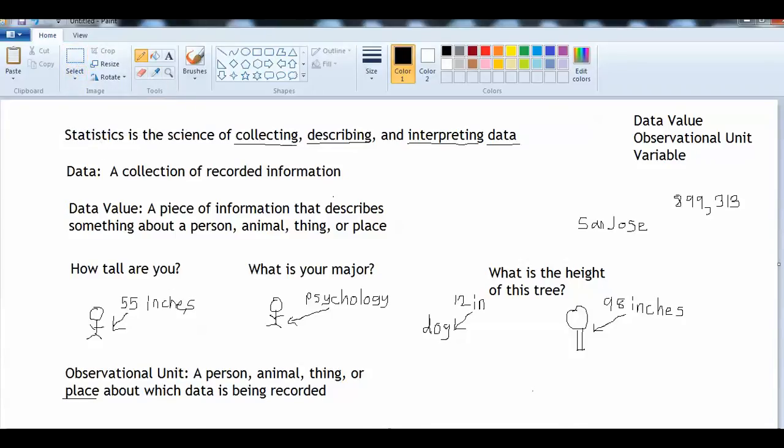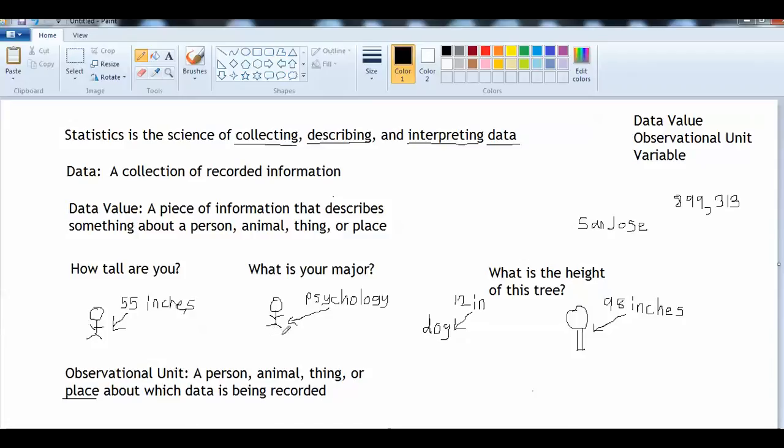Let's start a new page. Well, first I wanted to say that if you're collecting data from a person, then you actually use a more specific word than observational unit. A person is actually still an observational unit, but more specifically, the person is called a participant, because when that person provides you with data, that person is participating in your survey or participating in your interview.